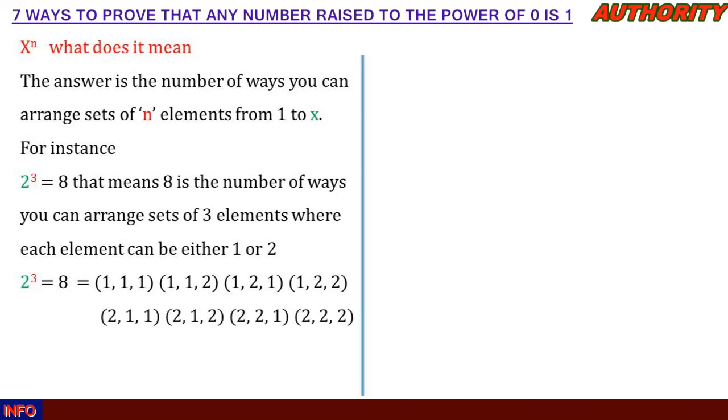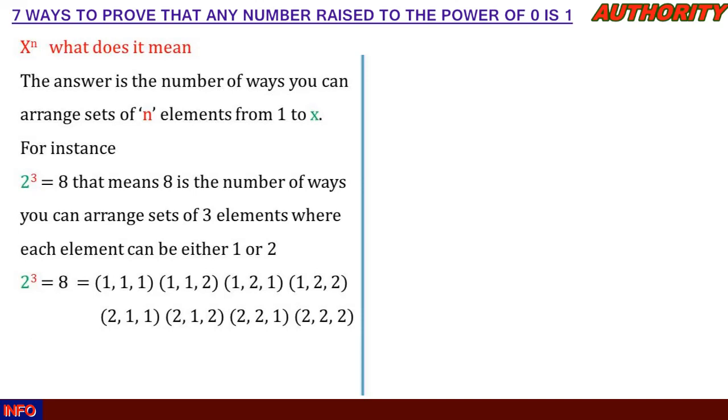The fifth one, 2, 1, 1. The sixth one, 2, 1, 2. The seventh, 2, 2, 1. The eighth, 2, 2, 2. There is no other set that you can form with 3 elements, where each element is either 1 or 2. You get what I'm saying? So these are the possible sets we can form, or you can say the arrangements you can get.